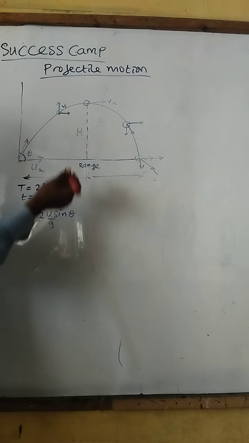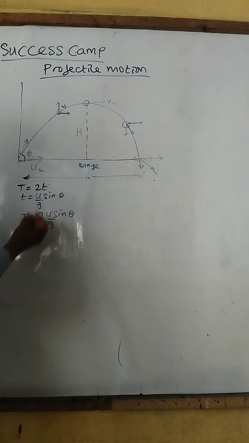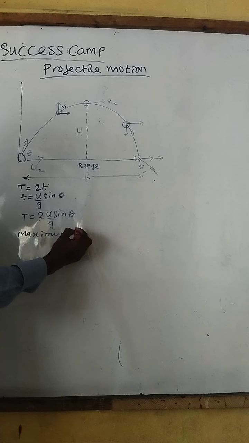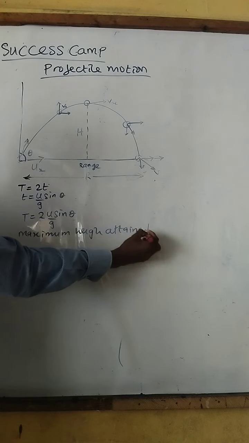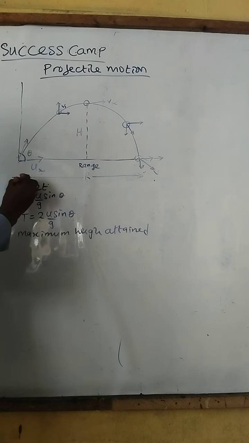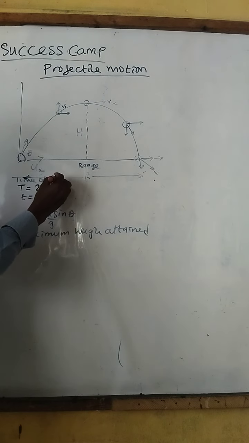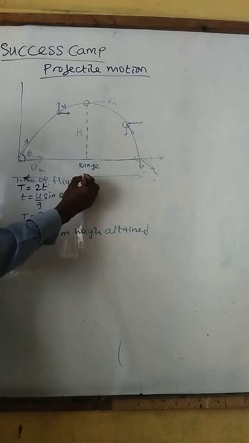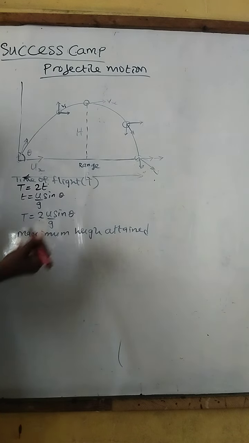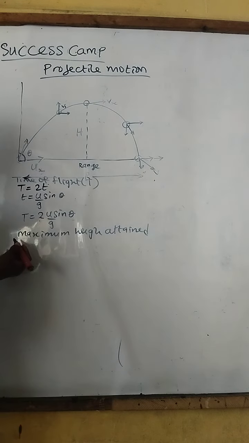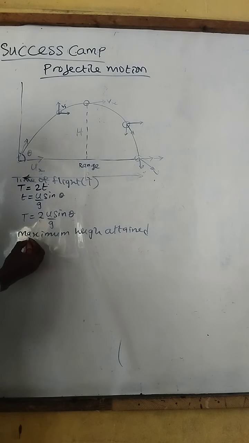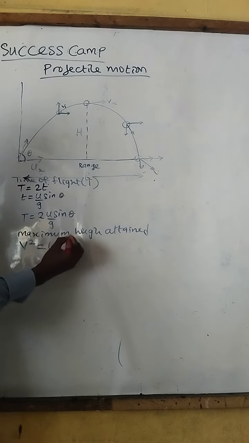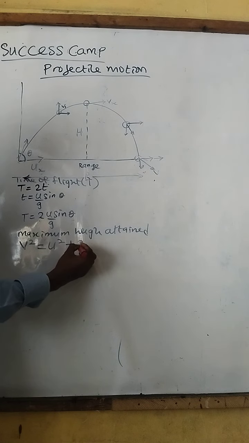Next one is maximum height attained. This is time of flight, capital letter T. For maximum height attained, we'll be using our third equation of motion, which is v squared equals u squared plus 2as.